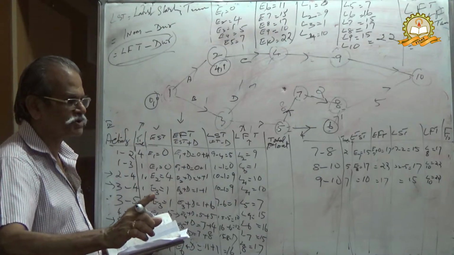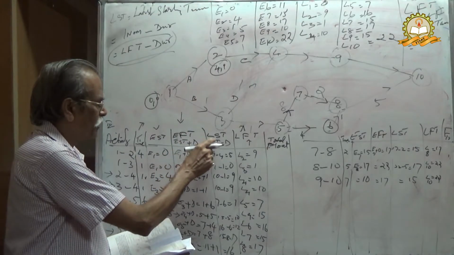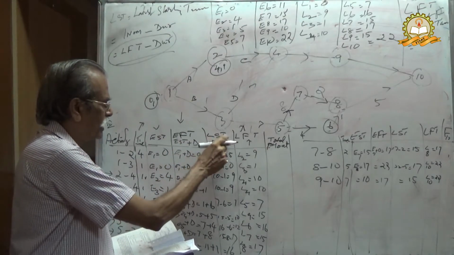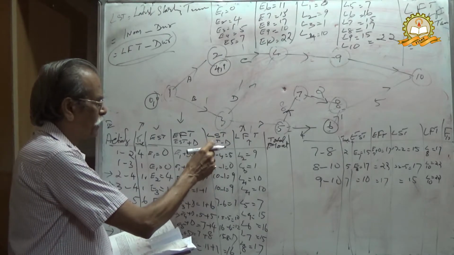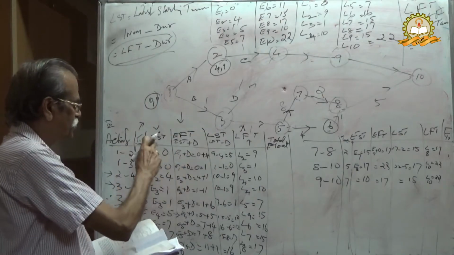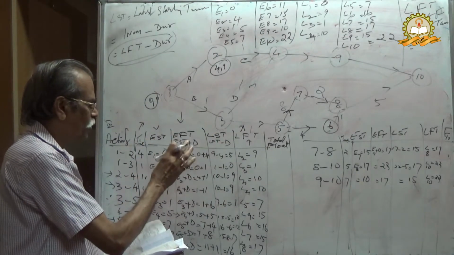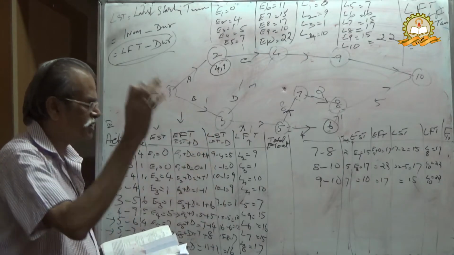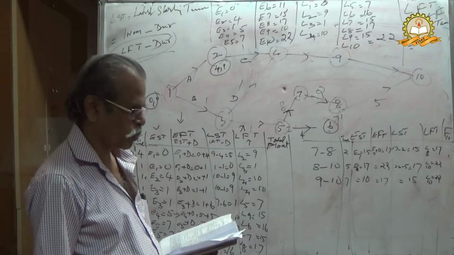You write EST plus D. Whereas in the case of LST, LST means latest finish time minus duration. So you remember this and you can calculate. EFT you add duration, LST you subtract duration. Find this.